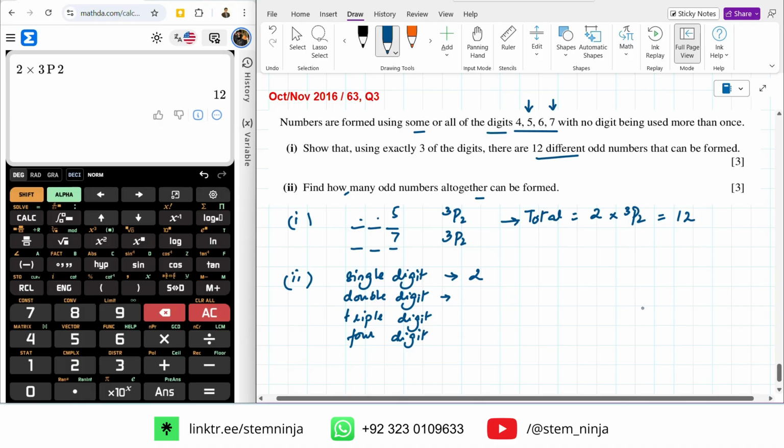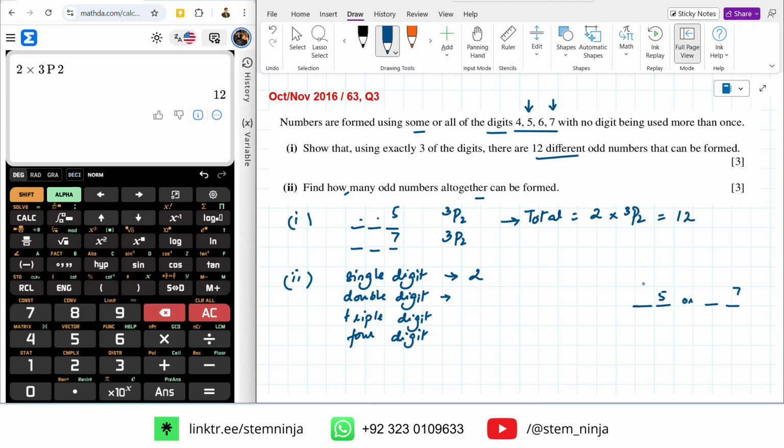In double digits, so again, you either have 5 or 7. So that means from the 3 choices over here, 3 choices over here. So 3, 3, 6. So basically, you can do 3P1 times by 2. Triple digit number means same thing basically what we just did over here.